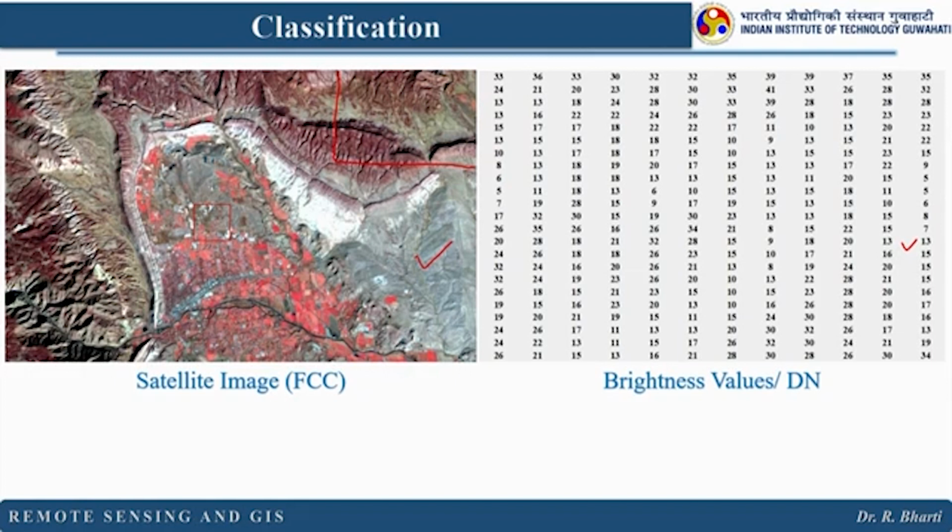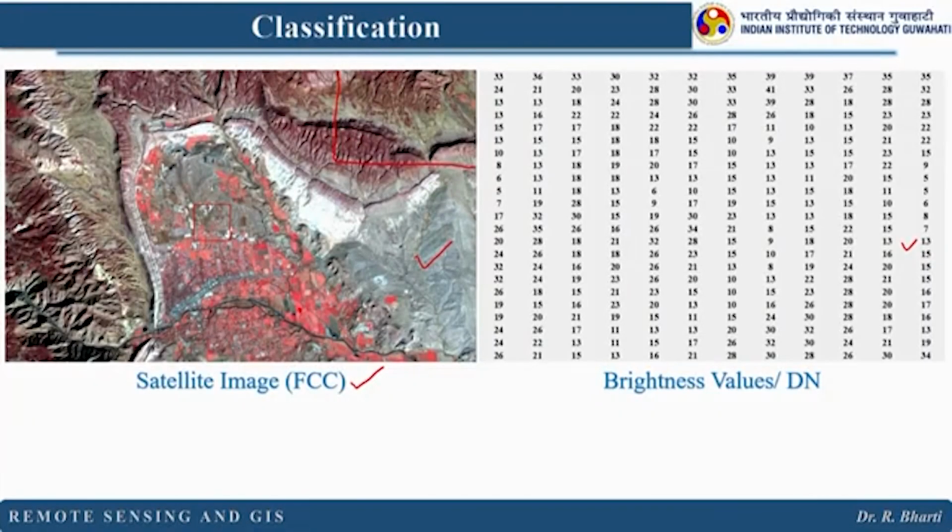So if you want to identify a house here, or let us say you want to identify forest here, then you have to open this image as a standard false color composite, and look for the red colors, because red colors represent forest or vegetation. Then you can say these are the colors which belong to forest, or trees, or shrubs, or any other vegetation which contains chlorophyll.